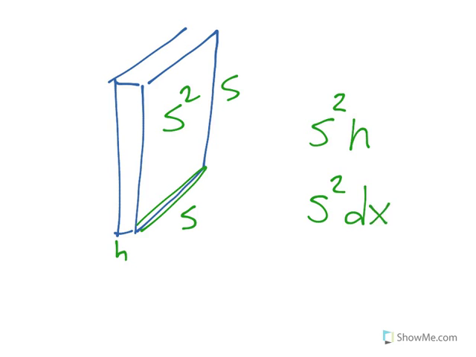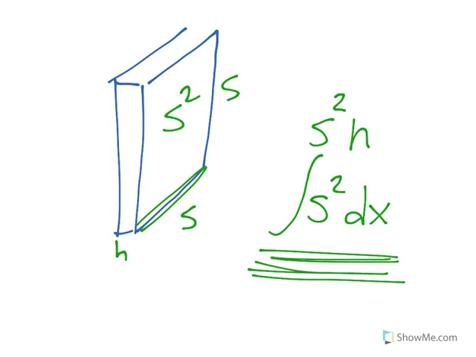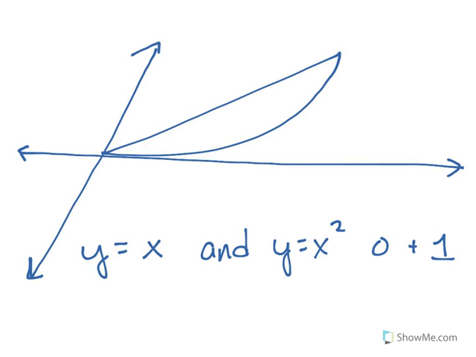That will be one slice, so the integral of the whole thing is going to give me the volume of the entire figure. For the most part, no matter the shape, you're going to be doing S squared dx, maybe with some constant out in front, and S is always going to be upper minus lower.